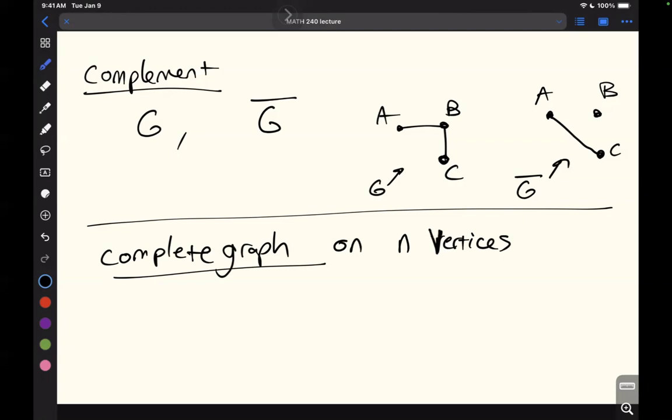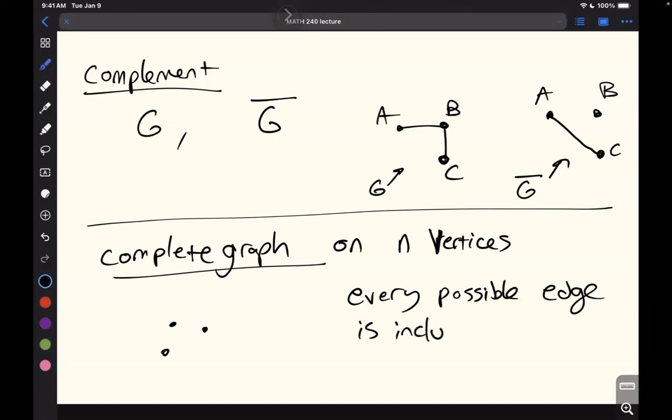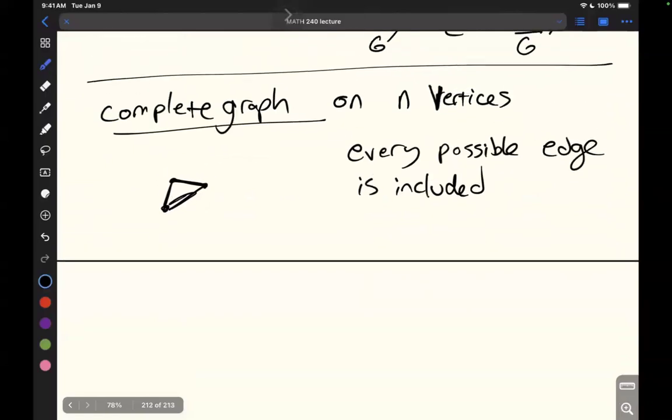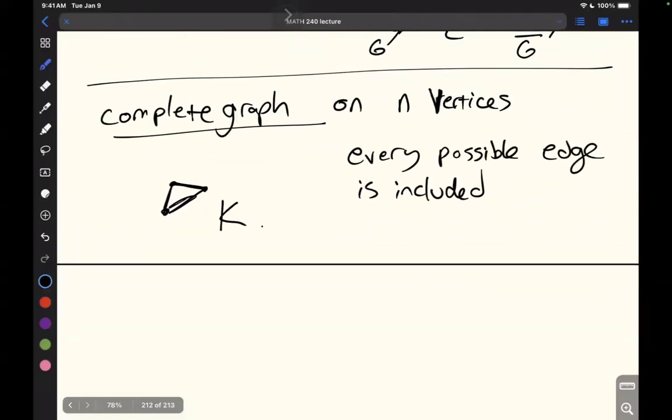A complete graph is just every possible edge included. So if we've got 3 vertices, every possible edge means that one, and that one. We denote this with a capital K for complete, and then sub n for the number of vertices. So this is K sub 3.